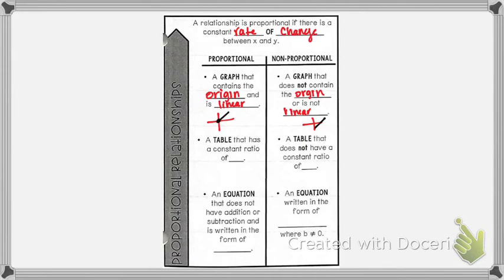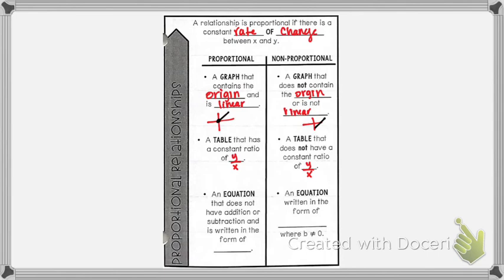Now let's look at the table for proportional. A table that has a constant ratio of y over x, okay? And that's what we're looking for, y over x. And then on the other side, non-proportional tables do not have a constant ratio of y over x. And that's just getting the y values and dividing by the x values and seeing if they have the same number all throughout.